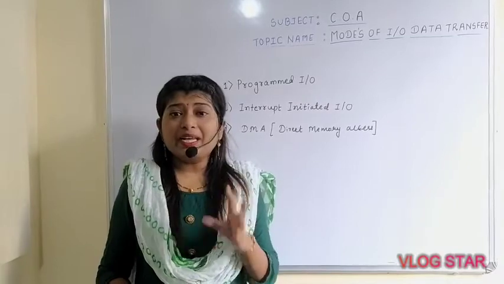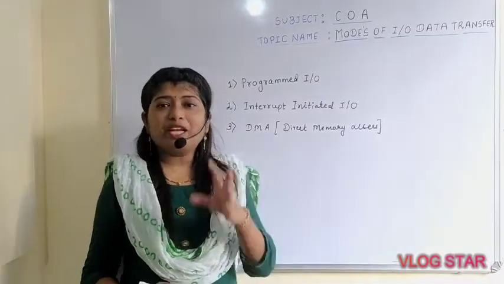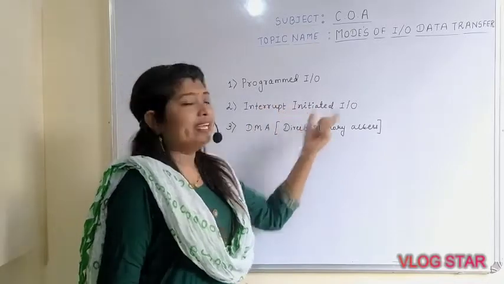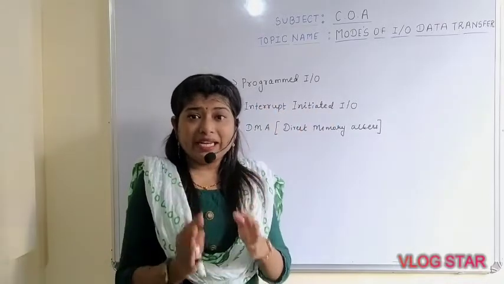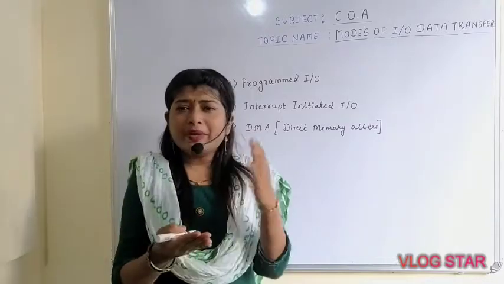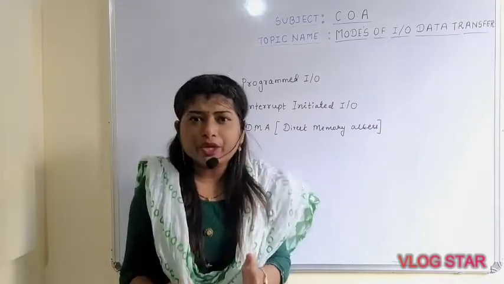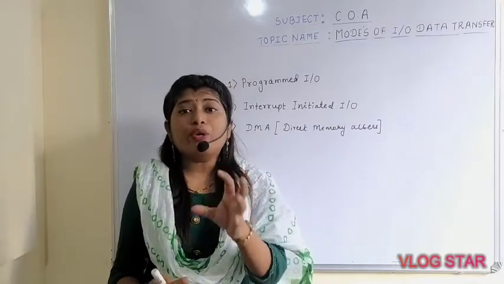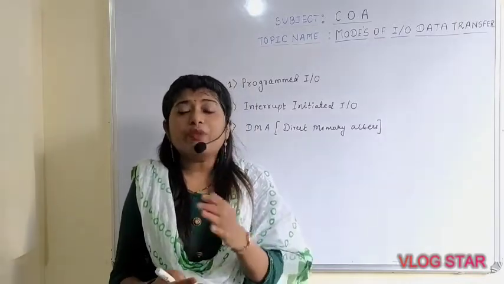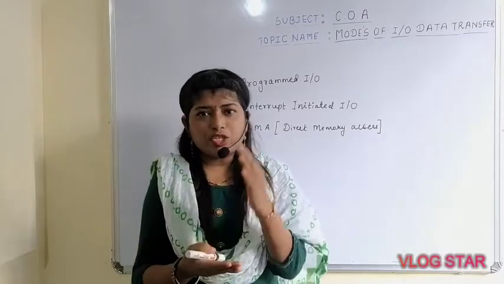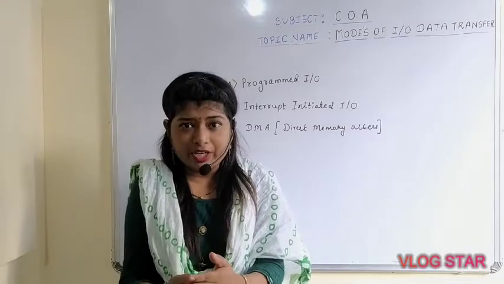Coming to the second important method related to input output data transfer, that is interrupt initiated IO. As the name indicates, interrupt, how are you going to define interrupt? Interrupt is nothing but breaking the continuity, or in other words, stopping the ongoing process or activity.